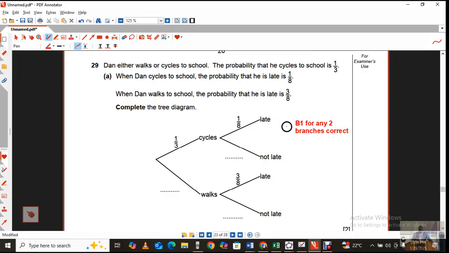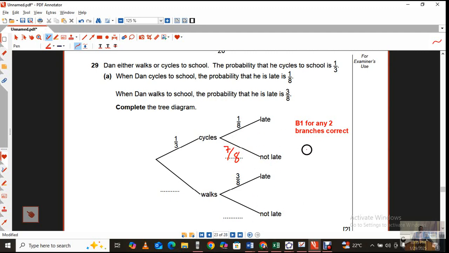You get an independent mark for any correct 2. How many are you supposed to? 1 mark for any correct 2 branches. When you come across this, it should always add up to 1. 1 over 8 plus something should give you 1. You need 7 over 8 here to complete it. How will I know?